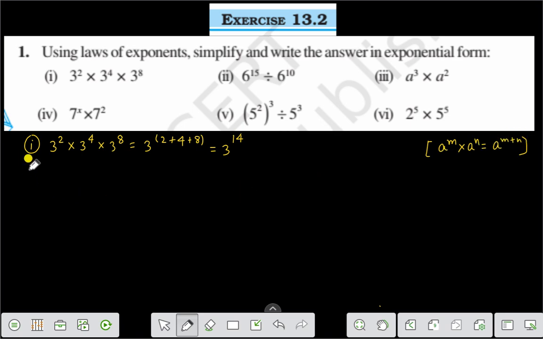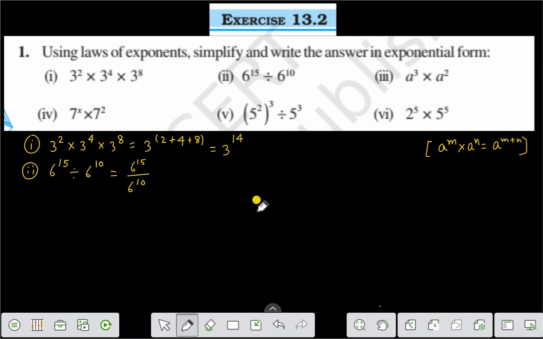Now question number 2 is 6 to the power 15 divided by 6 to the power 10.